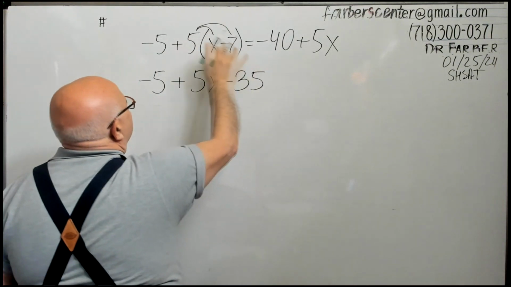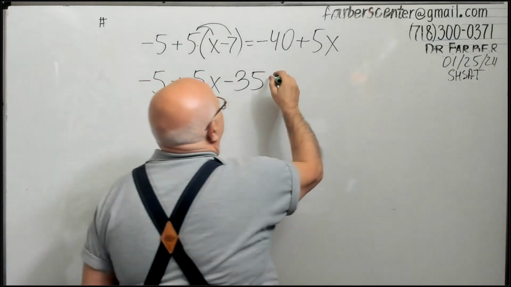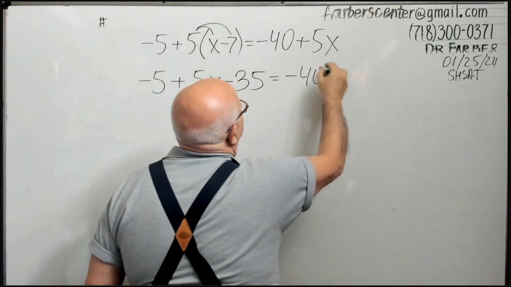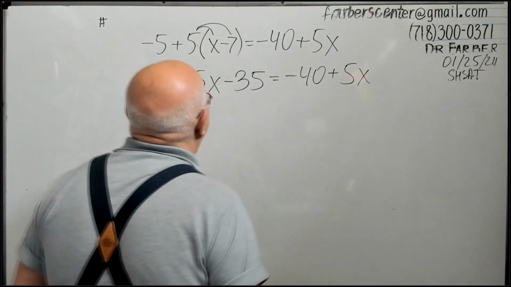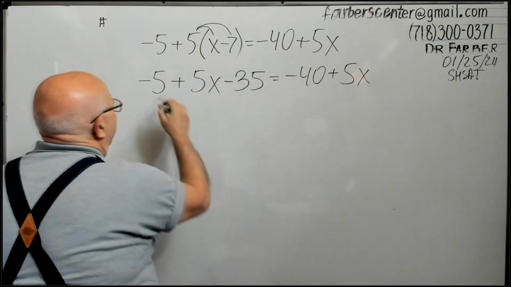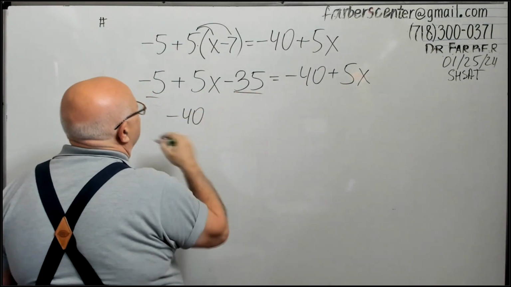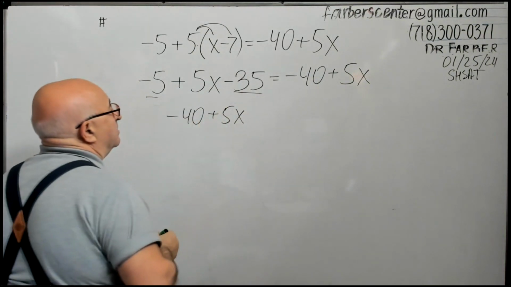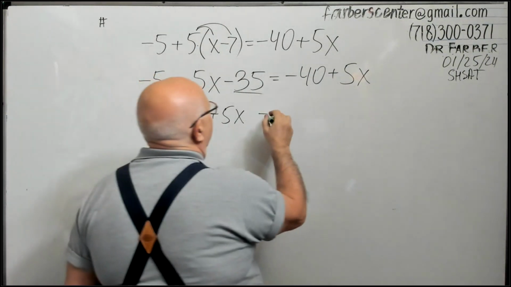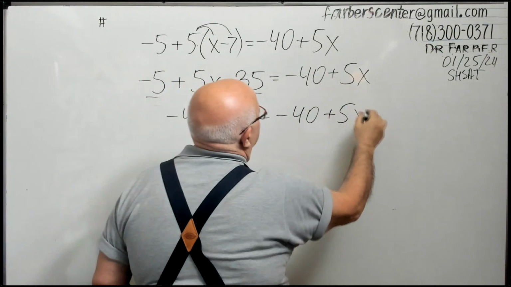I open parentheses, multiplying each term by 5, equals negative 40 plus 5x. Combine like terms. I have negative 40 plus 5x equals negative 40 plus 5x.